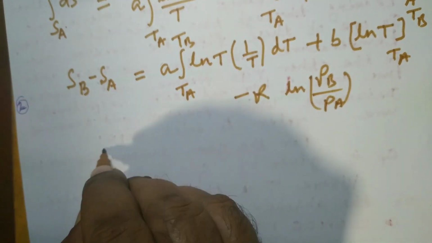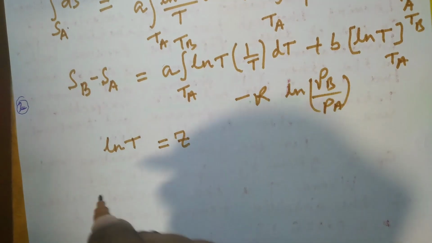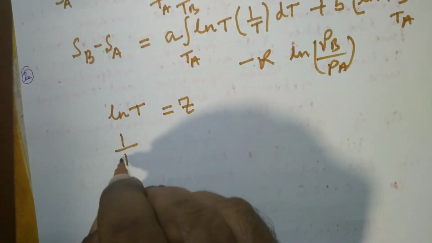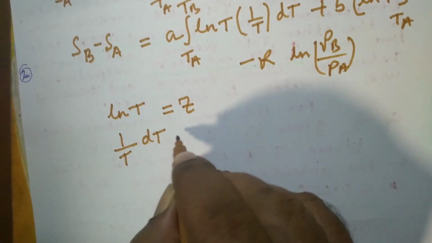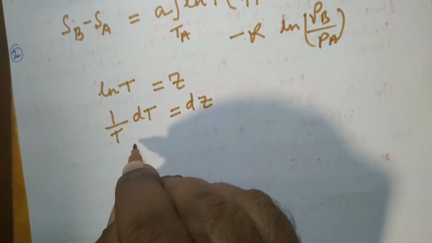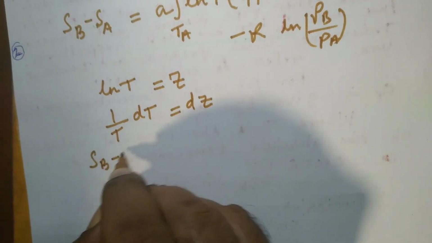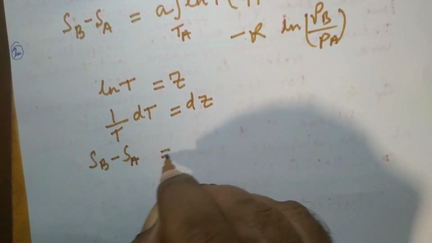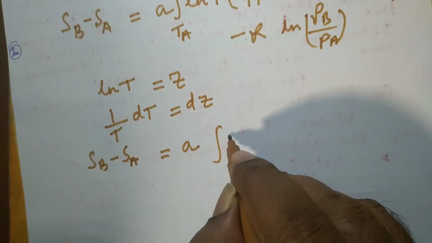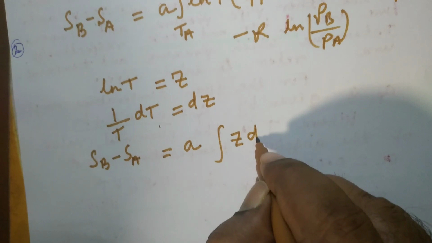Taking ln T equal to, suppose Z, we know that the derivative of ln T is 1 by T. So 1 by T dt is equal to dz. So our expression SB minus SA now becomes A. In place of ln T I will take Z, and in place of 1 by T dt I will take dz.